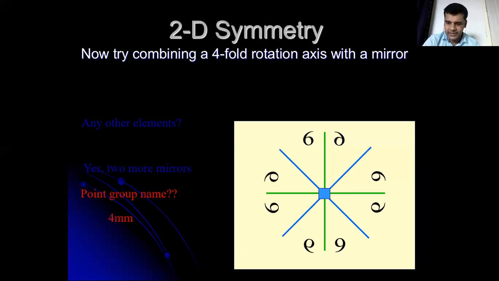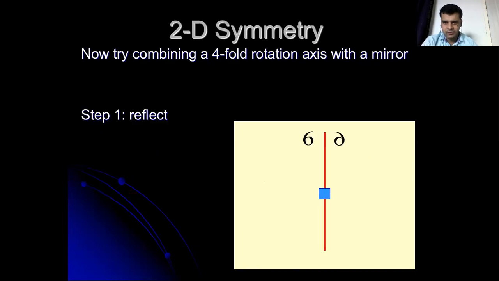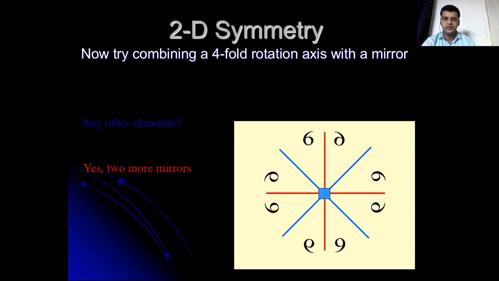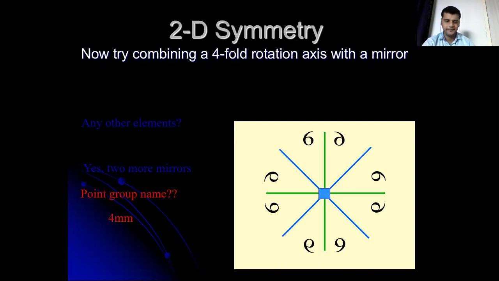Take one element like 6, reflect it, then rotate 1, rotate 2, rotate 3, and finally two more mirrors, and the group name is 4mm. Like that we can assign many structures using these combinations, in 2D symmetry or 3D symmetry.